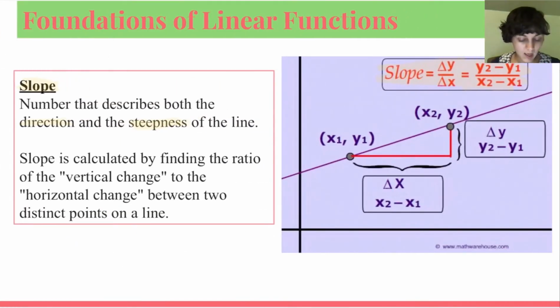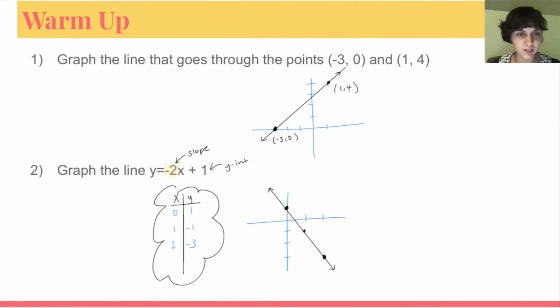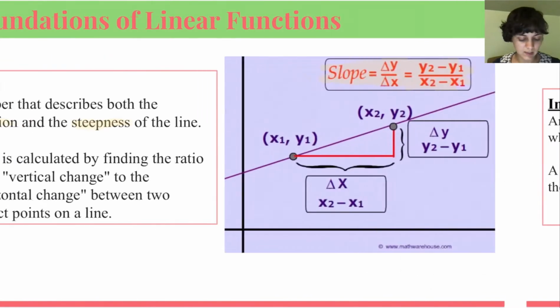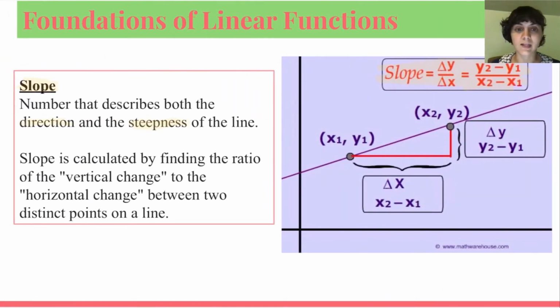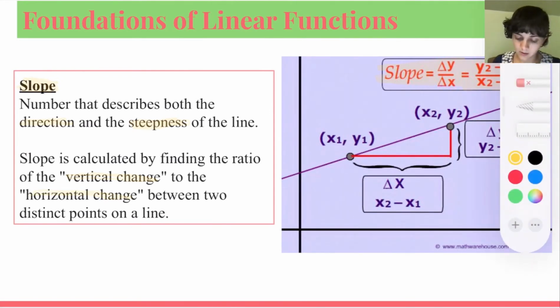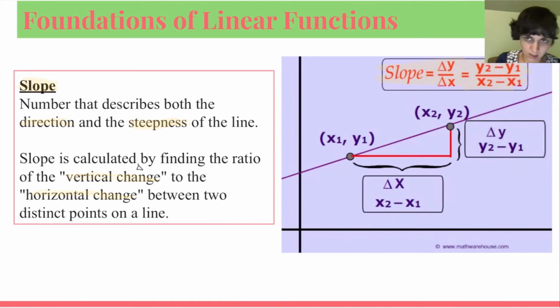Okay. And then also in the written definition, it reminds us that slope is calculated by finding the ratio of the vertical change to the horizontal change between 2 distinct points in the line. So vertical change and horizontal change, just a reminder, vertical change is the change in y, and horizontal change is the change in x.